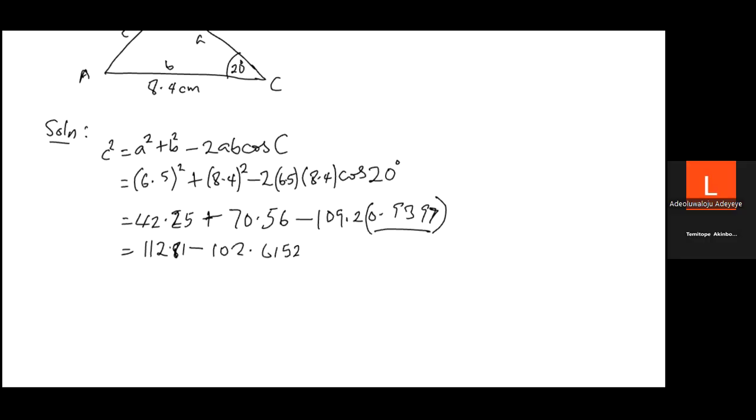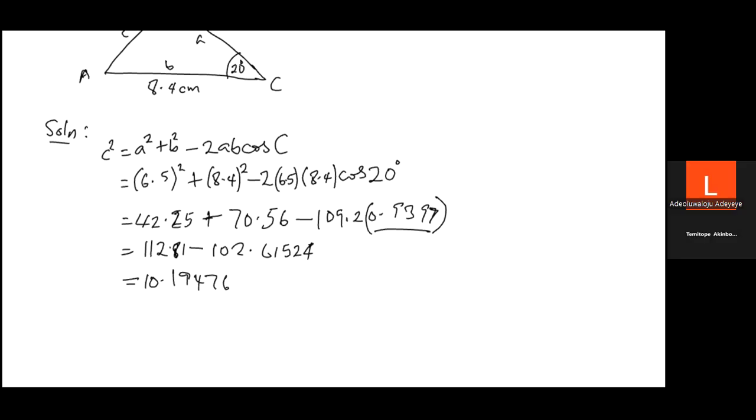You now subtract 112.81 minus 102.61524. That gives 10.19476. So that's C squared. So what is now C?